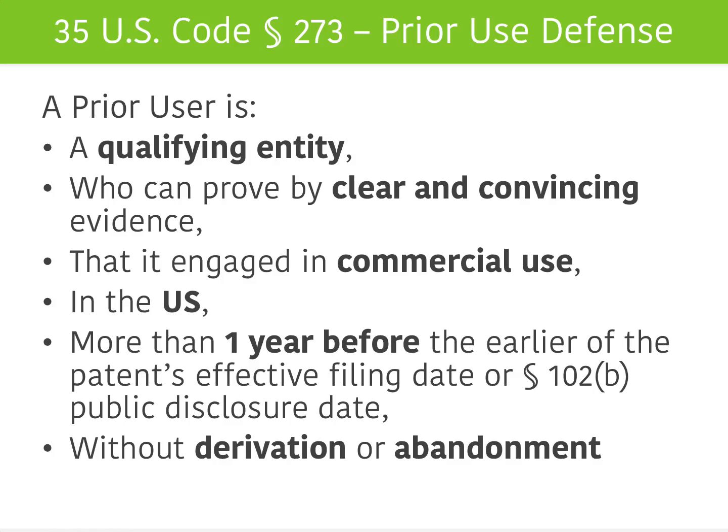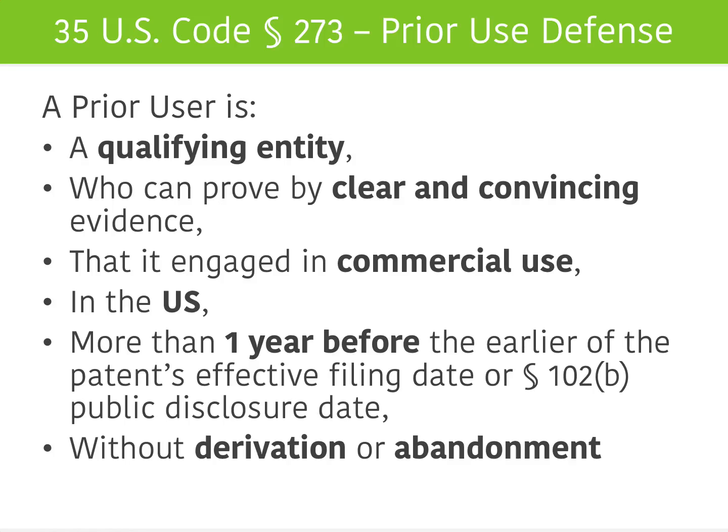So a prior user is a qualifying entity, so this is the person who may be infringing a patent, but where they were using the technology prior to it being patented.